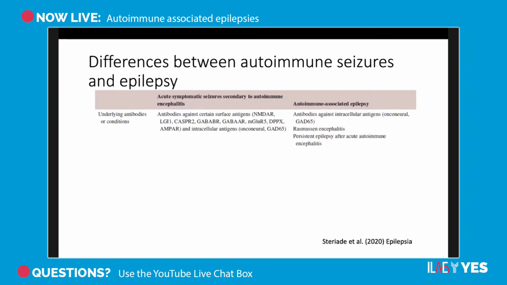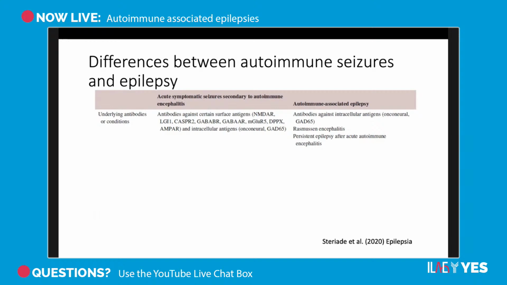When you're talking about acute symptomatic seizures secondary to an autoimmune encephalitis, this can happen from various types of antibodies, both antibodies against surface antigens like NMDA, LGI1, Caspr2, you can see the list here, and intracellular antigens like onconeural, GAD65 antibodies. When you're talking about autoimmune-associated epilepsy, the chronic patients, those tend to be either patients who had an autoimmune encephalitis, may have had acute symptomatic seizures with it, but continued to seize afterwards.